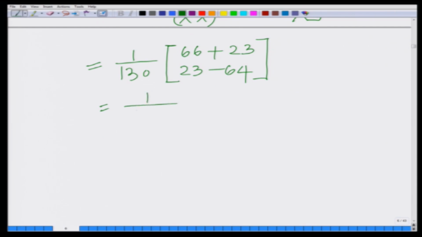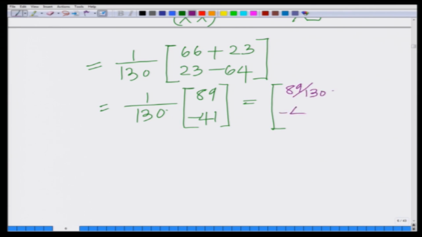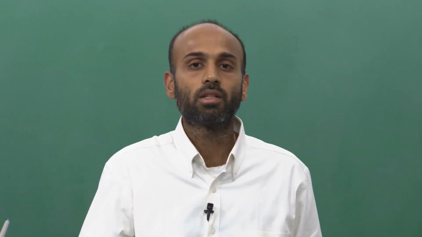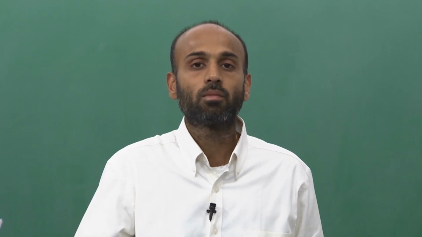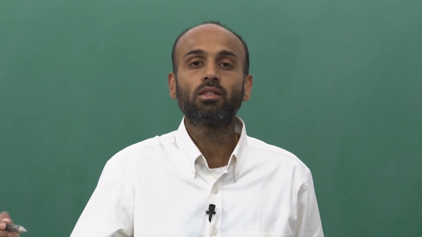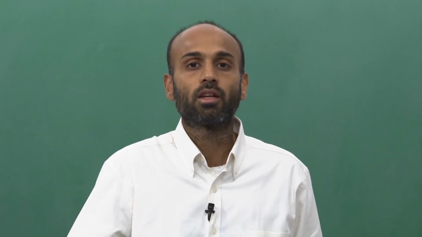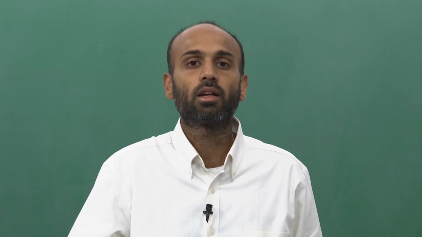I am simplifying your estimate of the channel vector: 1 over 130 times [89; -41], which is 89 by 130 and minus 41 by 130, and this is your h hat. So, what we have computed is this quantity h hat, which is the maximum likelihood estimate of the channel vector h bar for this multi antenna downlink channel estimation scenario with 2 antennas at the base station and a single antenna at the mobile.